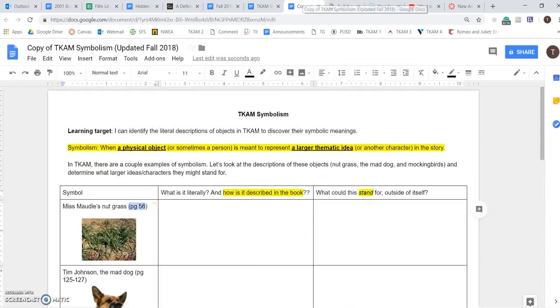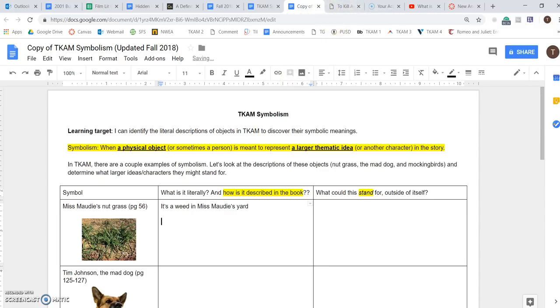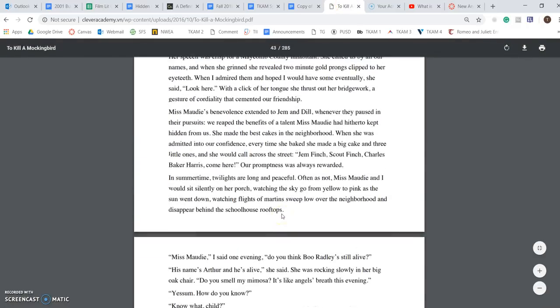So, on your sheet, what is the nutgrass literally? Well, it's a weed in Miss Maudie's yard. Right, and how is it described? That's what's more important.